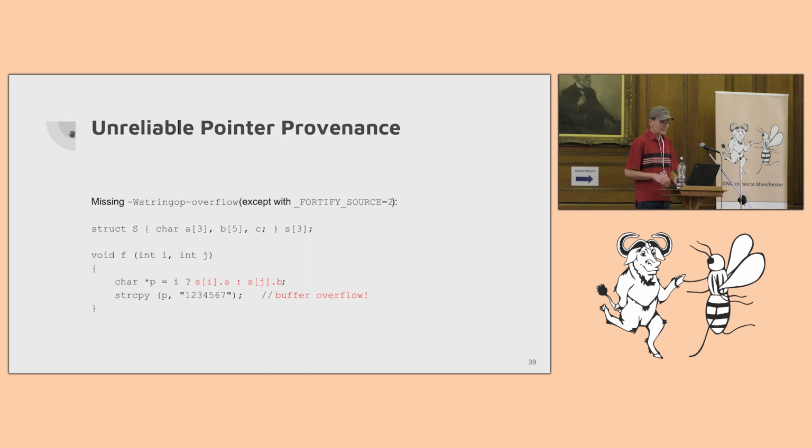Here's an example where I try to illustrate the unreliability of the pointer provenance. We end up failing to issue the strcpy overflow warning, except with fortify source. For this case of buffer overflow, we have a reference to either of the two members. One of them is an array of 3 characters. The second array, okay, I'll wrap it up, has 5 elements, and we're clearly overflowing it.